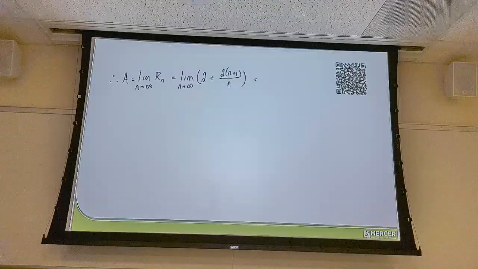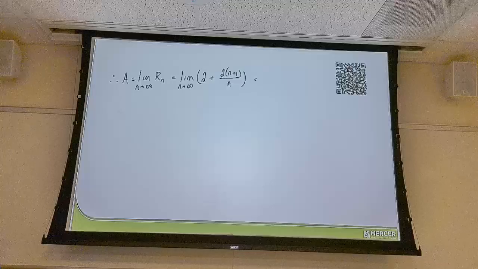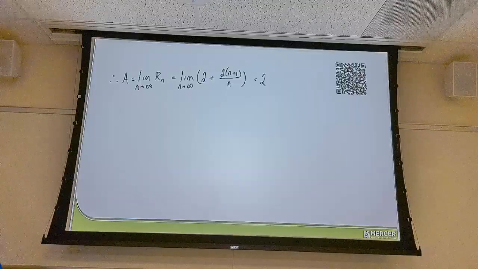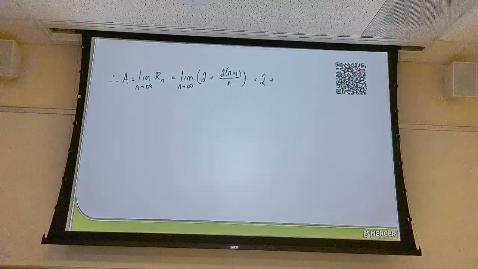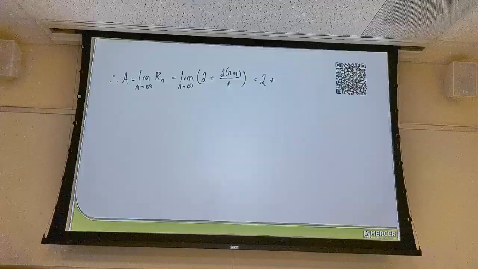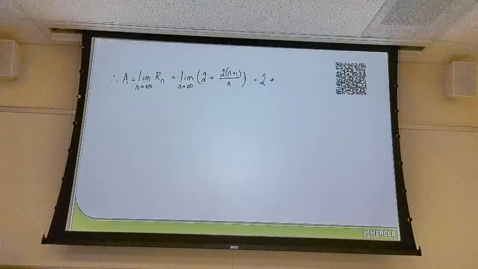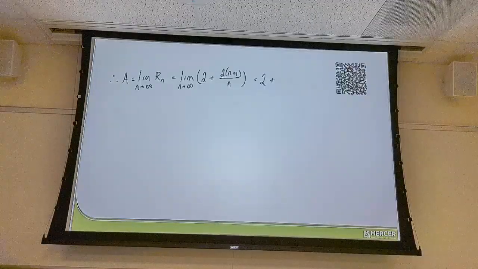So what is that limit? Just 2. What is the limit of 2 times n plus 1 over n as n goes to infinity?